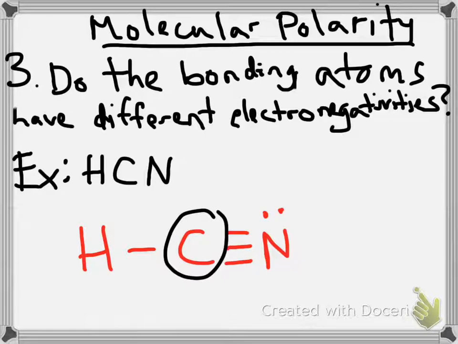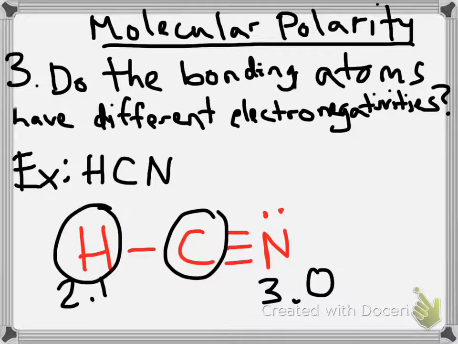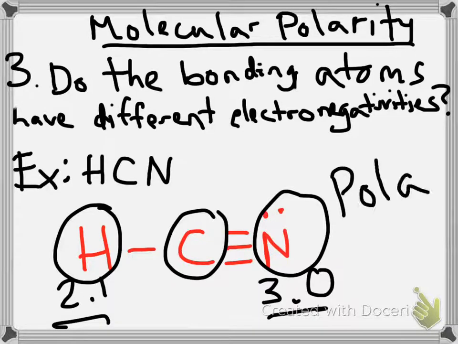But does that mean it's nonpolar? Not necessarily. If there are different electronegativities in the atom, remember, hydrogen has an electronegativity of 2.1, and nitrogen has an electronegativity of about 3.0. So notice, our bonding atoms have different electronegativities, therefore this is polar. So if you answer yes to this question, it will be a polar molecule.